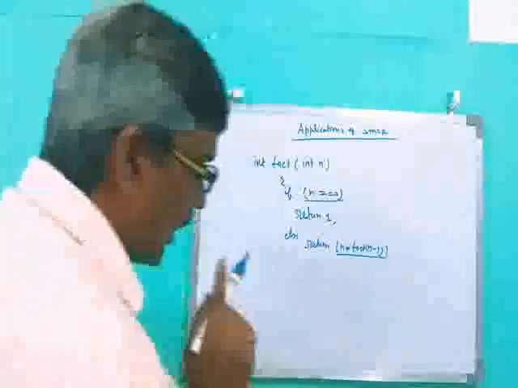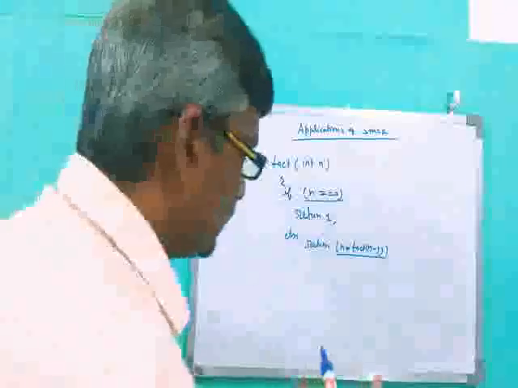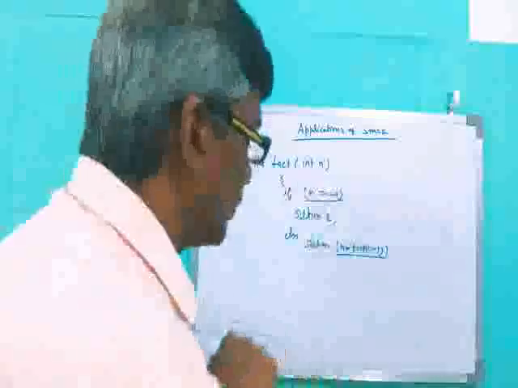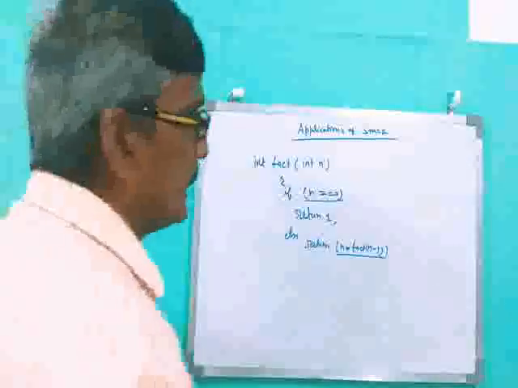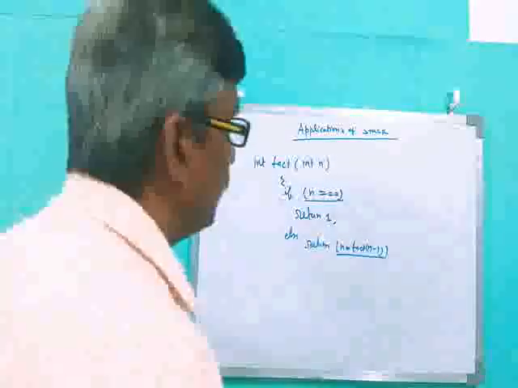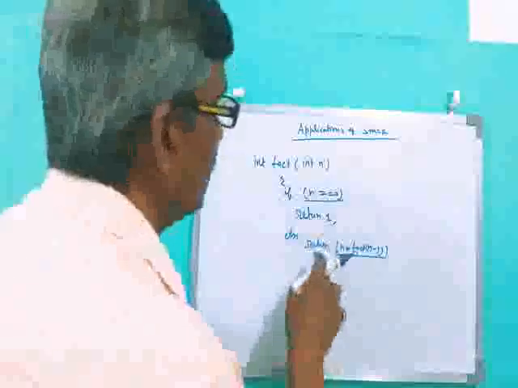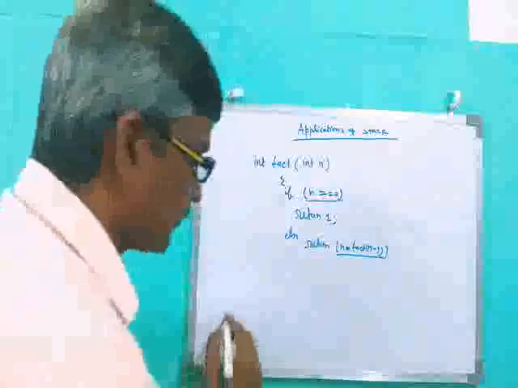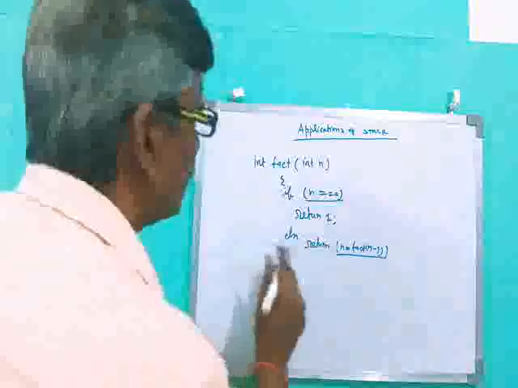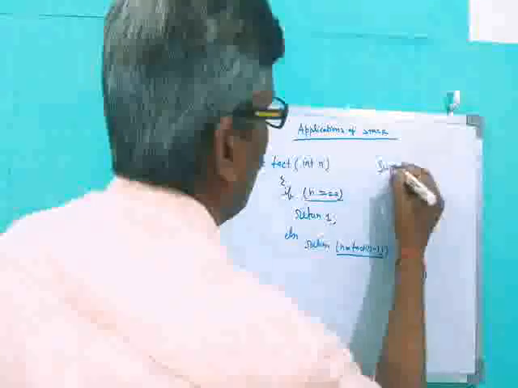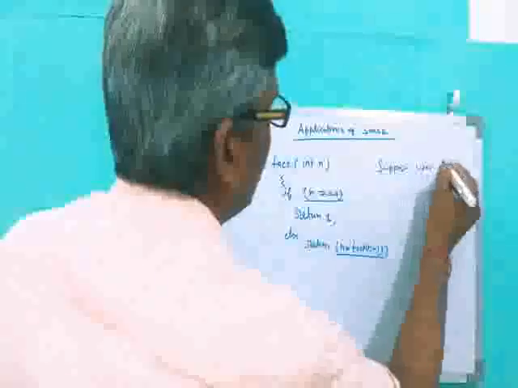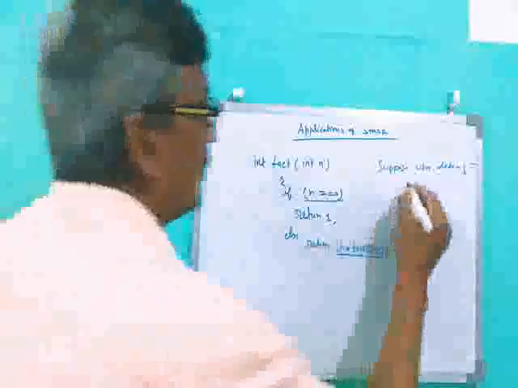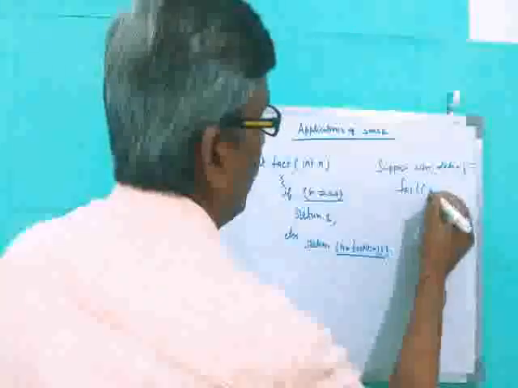So let's see the working of this function, how it will calculate the factorial recursively. Now suppose the user data is 5, meaning we want to calculate the factorial of 5.